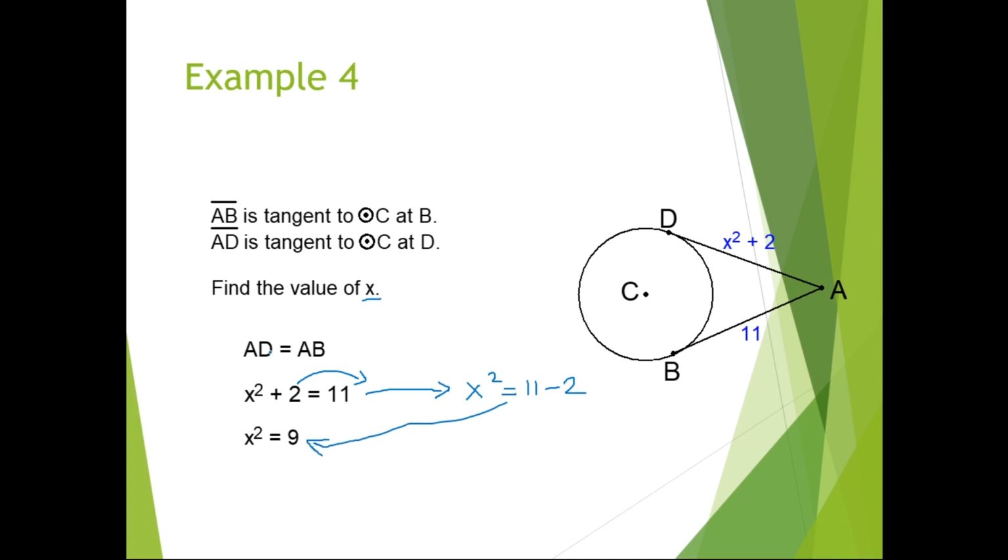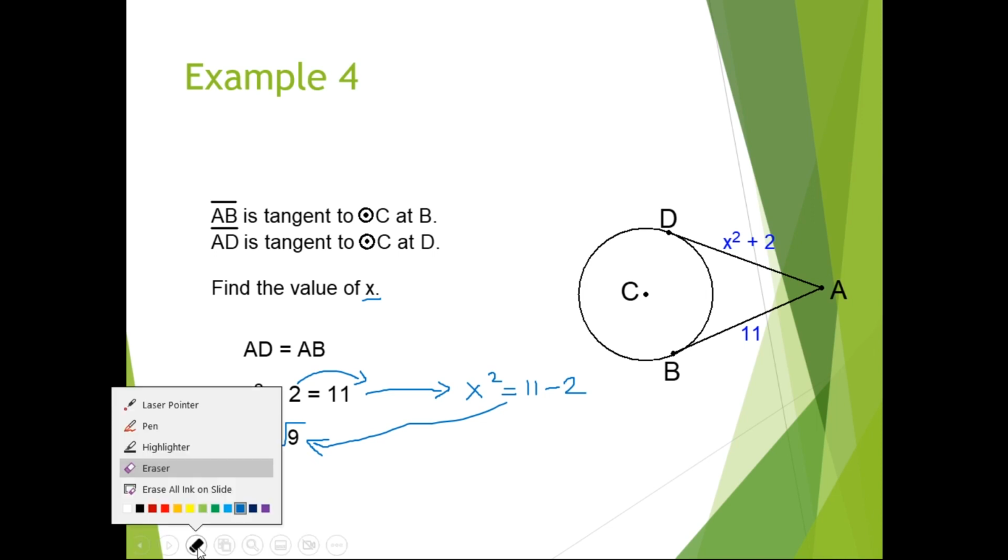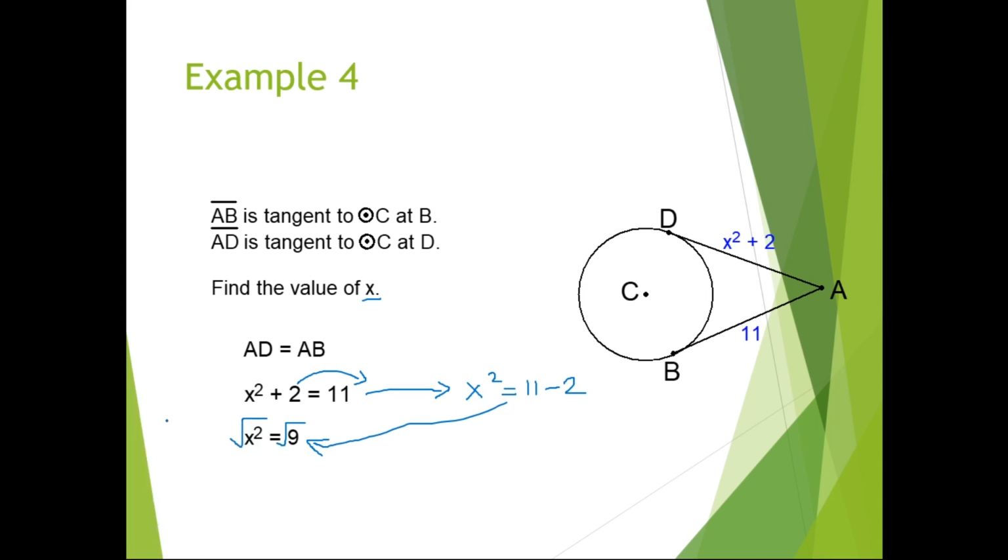Since we're going to find the value of X, we're going to square root both sides. So ang square root sa X squared kay X, ang square root sa 9 is 3. Okay? So if we're going to solve it in a proper way, mo ni siya. X is equal to plus minus 3.